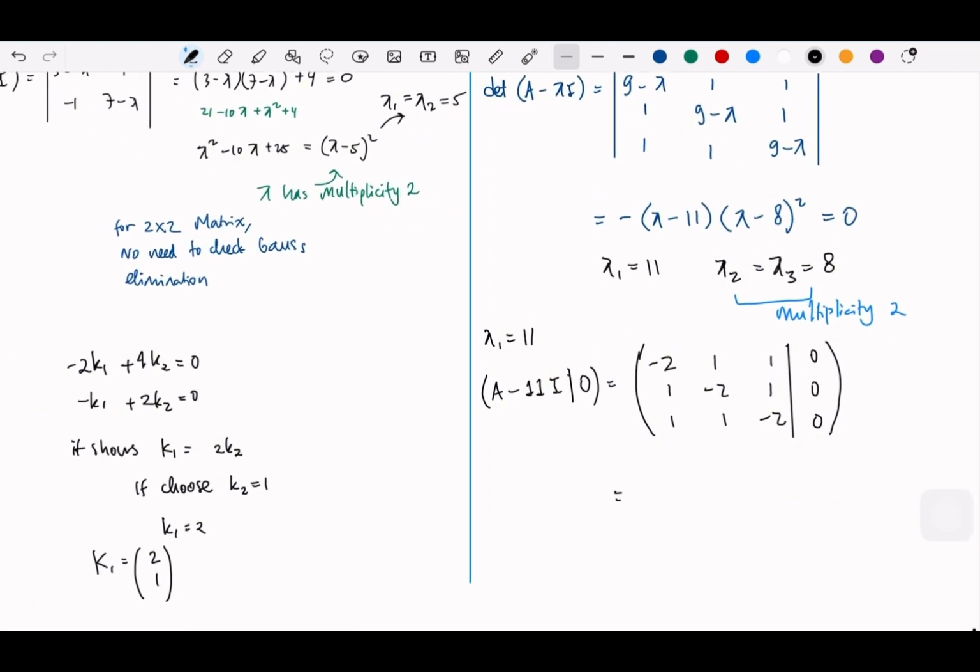And by solving this, we get that this will be 0, 0, 0, 0. This is an oversimplification. This is after several row operations. This is what we get.